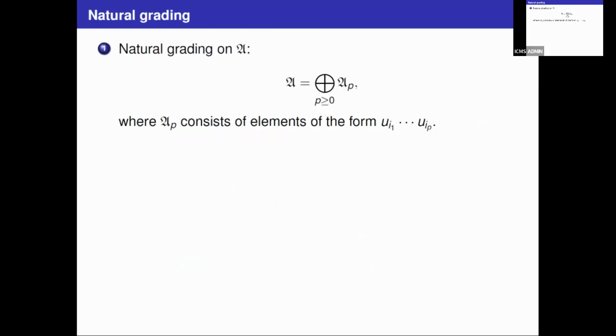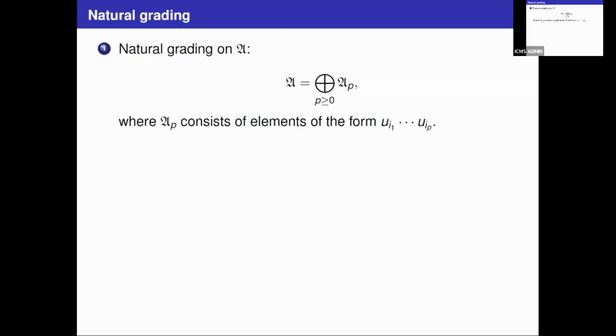Next thing which we will need is the natural grading on the algebra A. Natural in the sense of degrees of nonlinearity. So A can be written as a direct sum of subspaces A_p, where A_p consists of polynomials of degree p in the u's. A_0 constants, A_1 linear terms, A_2 quadratic, and so on.